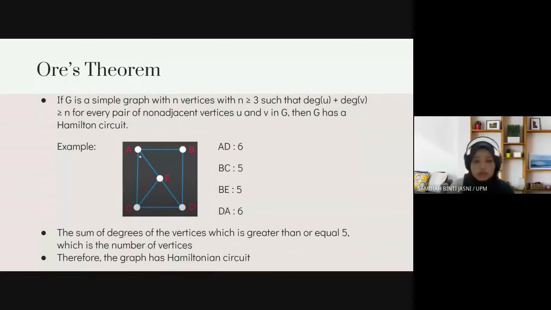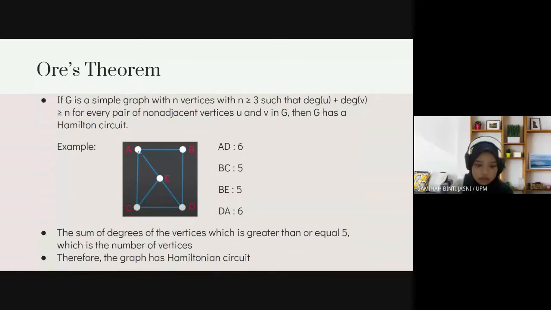We can see this graph. What do we mean by non-adjacent vertices? They are vertices that are not directly connected, like A and D, B and C, B and E, and D and A. So now let's add the sum of the degrees of the vertices.